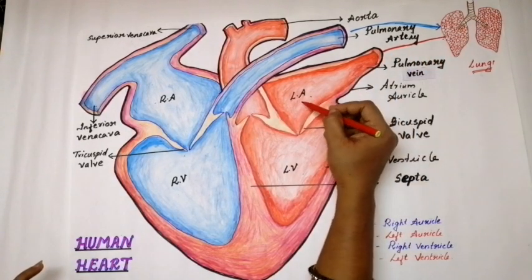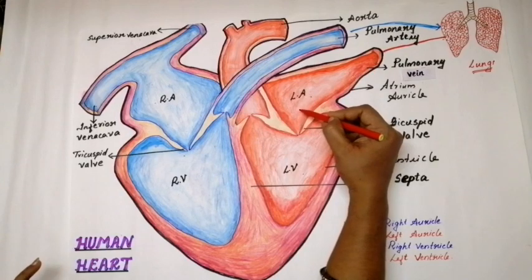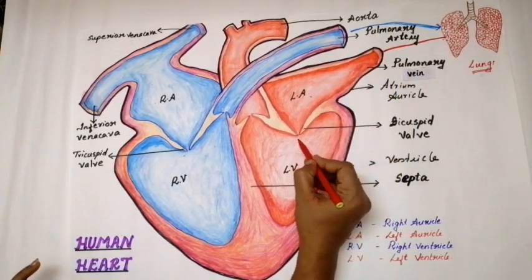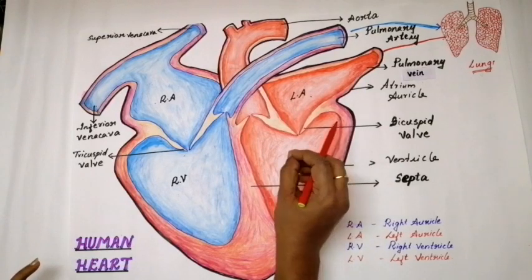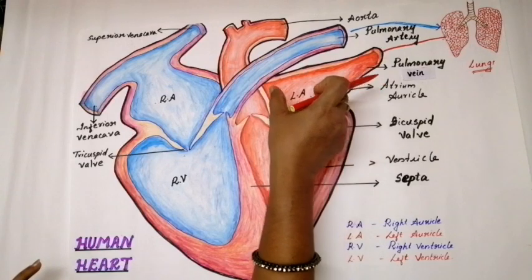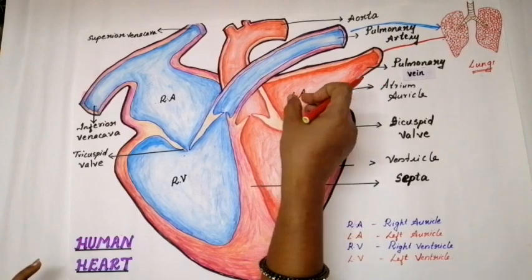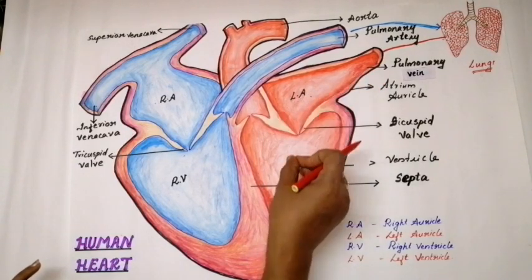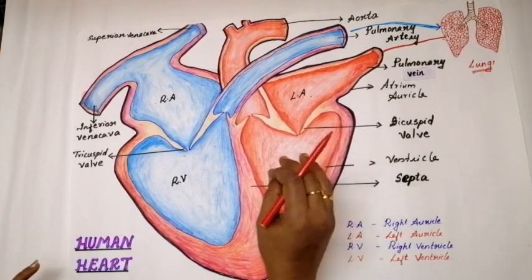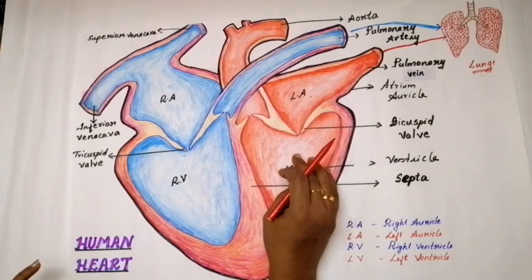Now when the pure blood enters into the left auricle, there creates a pressure, and what happens to the valve? This bicuspid valve will open, and when this auricle contracts, this pure blood enters into the left ventricle. Okay, now what happens to the blood in this left ventricle?